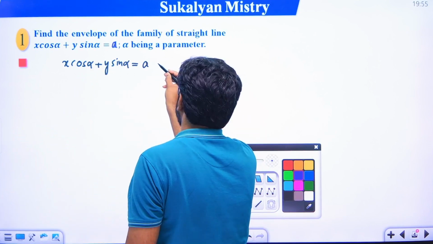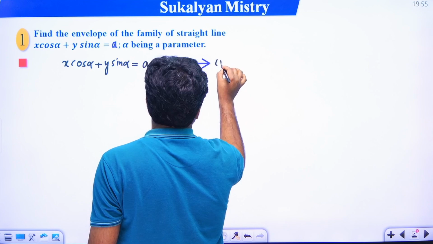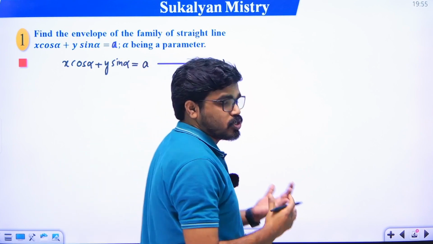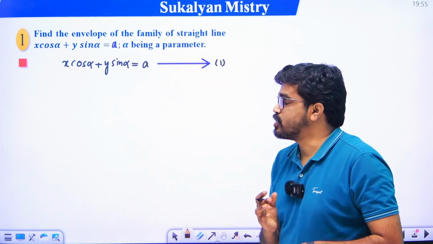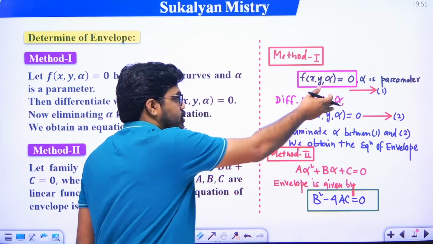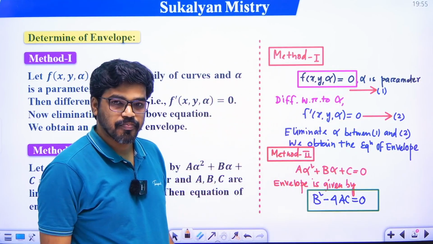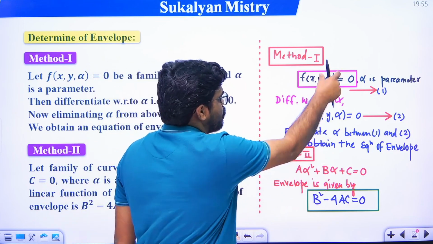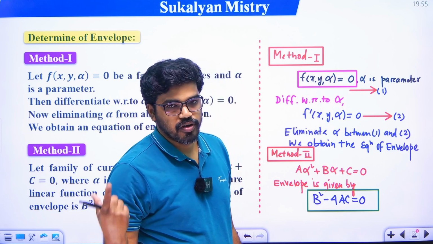Suppose this is equation 1. We solve this problem by method 1. Method 1 states that first we differentiate with respect to the parameter alpha. Okay? Then we eliminate alpha between the given equation and this equation. You get the equation of envelope.